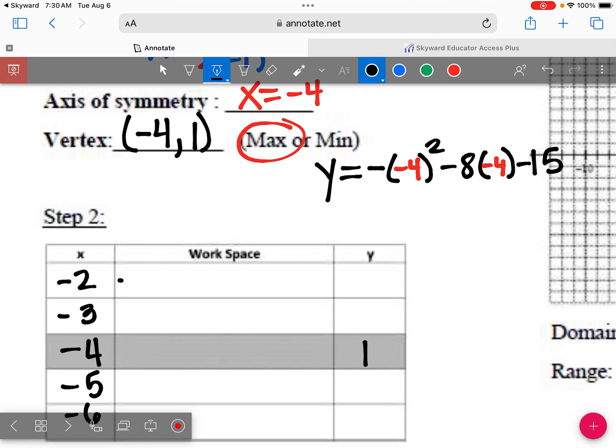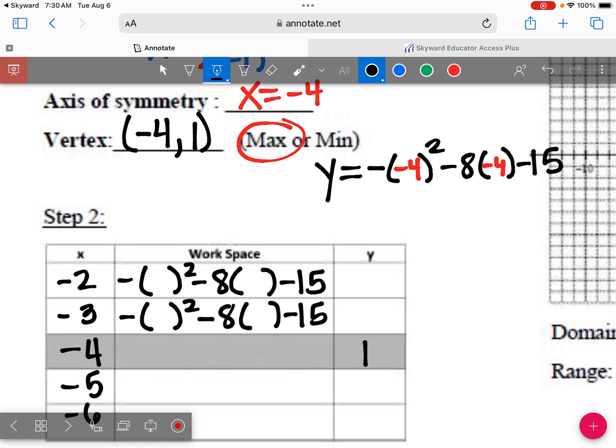All right, so I'm going to create our little skeleton. And then you're going to just fill in each number.